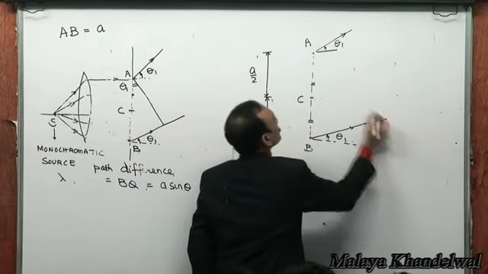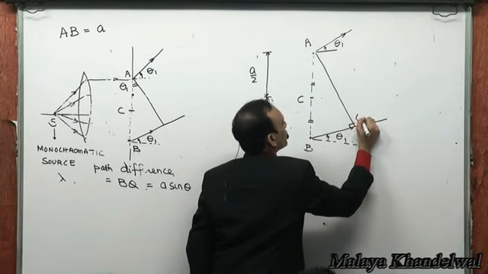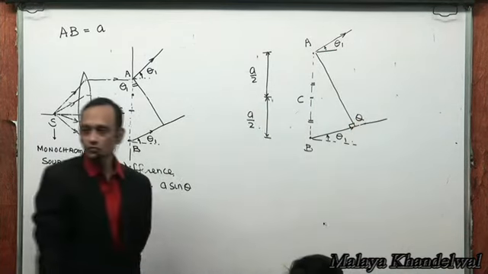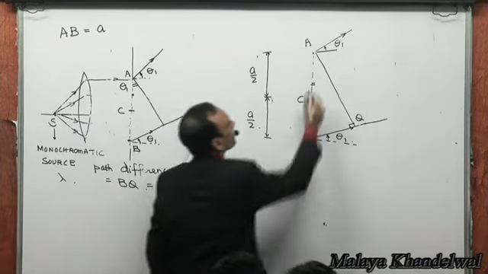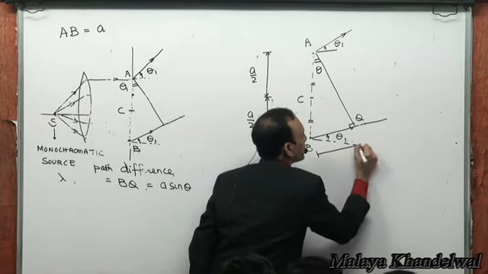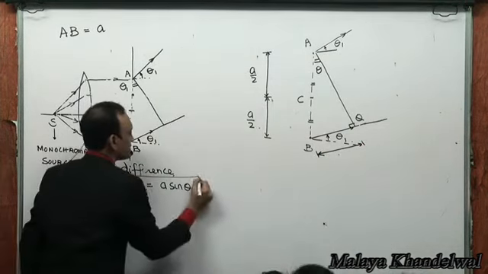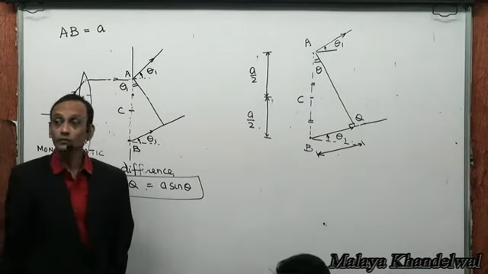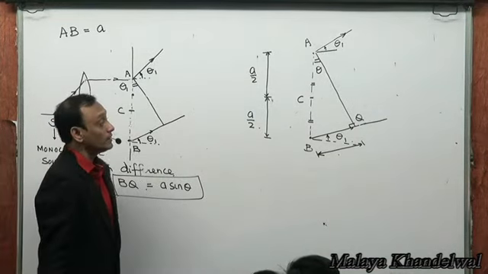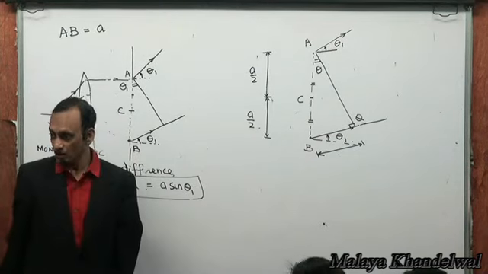Now, like I have discussed, if I drop a perpendicular AQ, this will be theta 1, then BQ would be the path difference. BQ, like I said, would be A sine theta, so A sine theta 1 in this case.